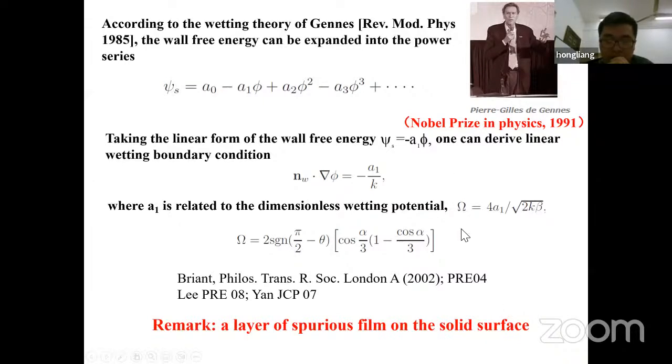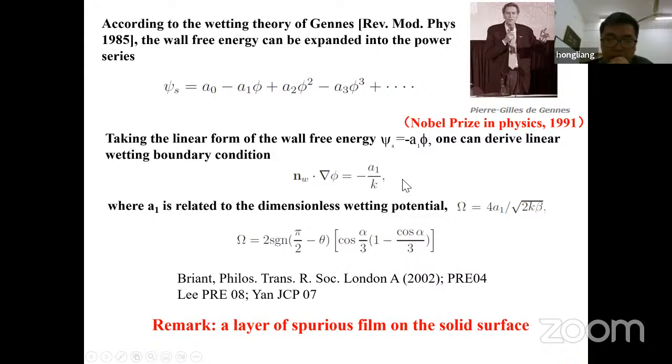From these equations, we can find that there exist unphysical thin films on a solid surface in a case like these wetting boundary conditions.